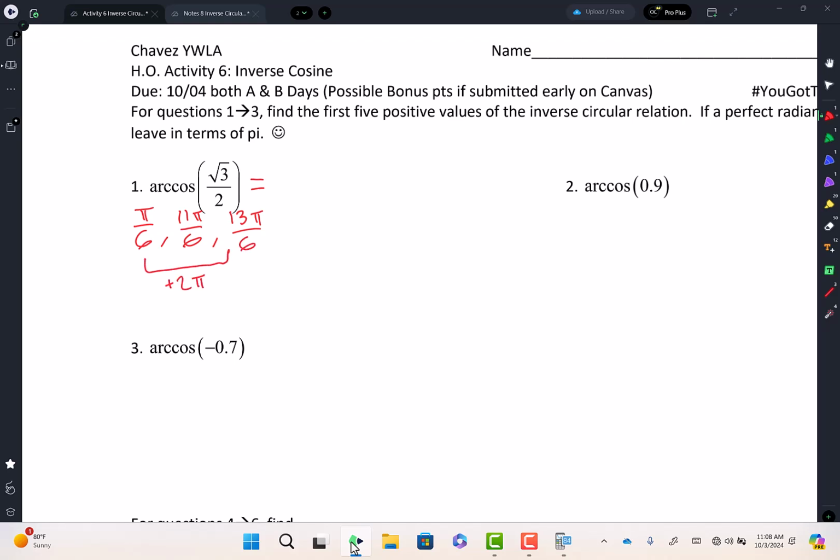How do I get the next one, guys? Add 2 pi to which one? To the 11 pi over 6. Good job.